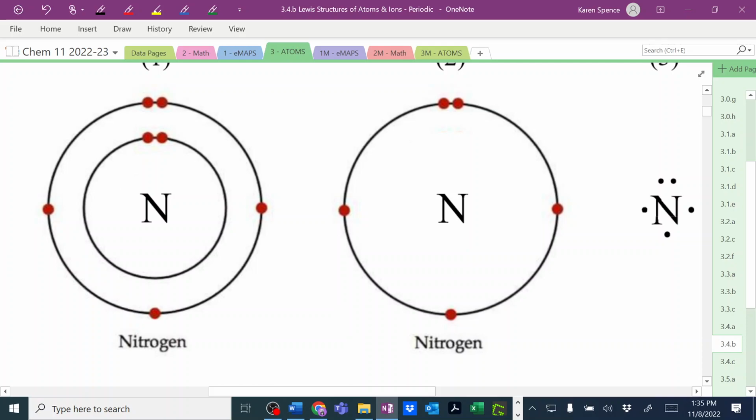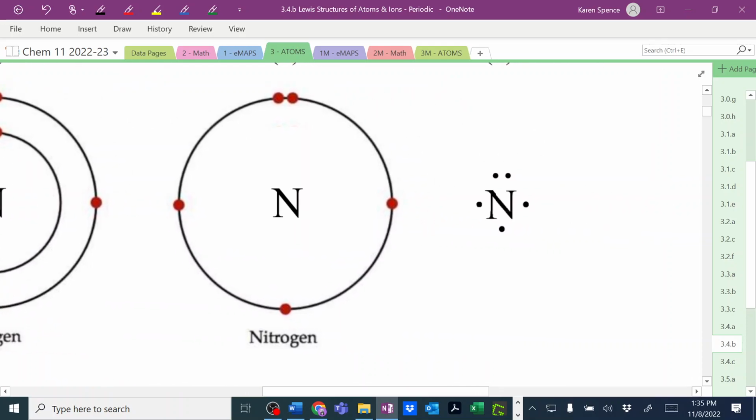And then you get rid of the circle and you just draw the dots. Now, it gets even easier because you don't want to be drawing the Bohr model and working your way to the Lewis structure.